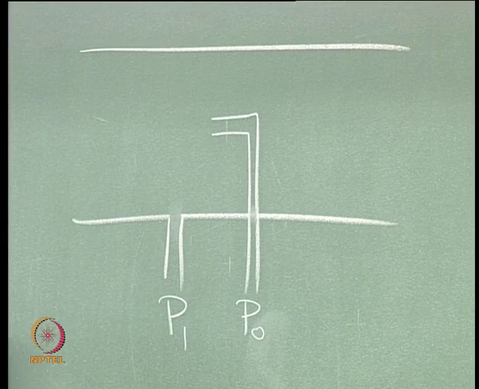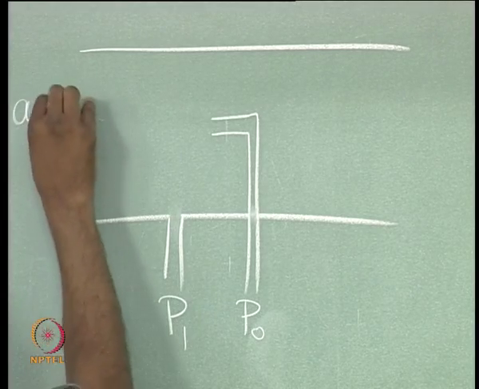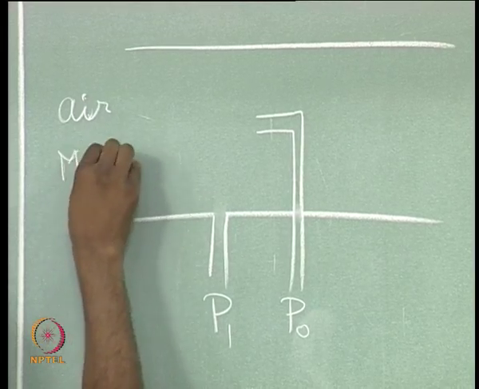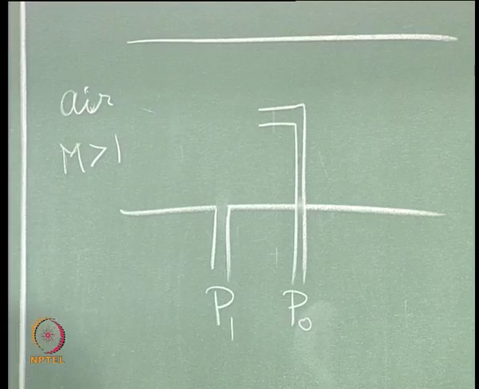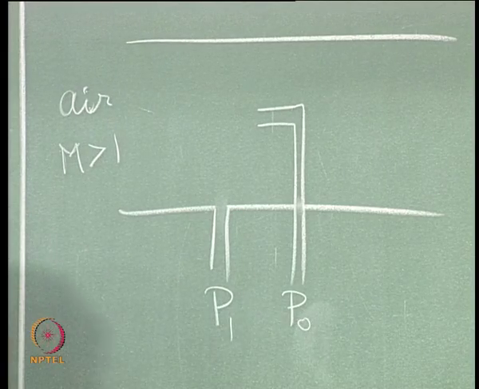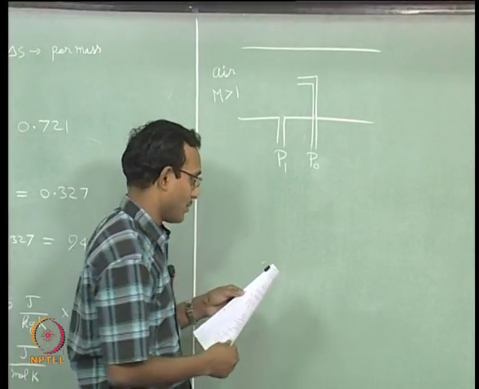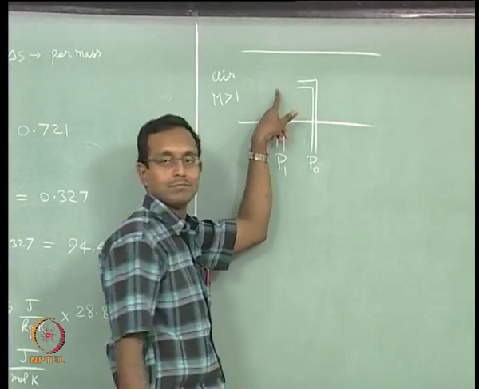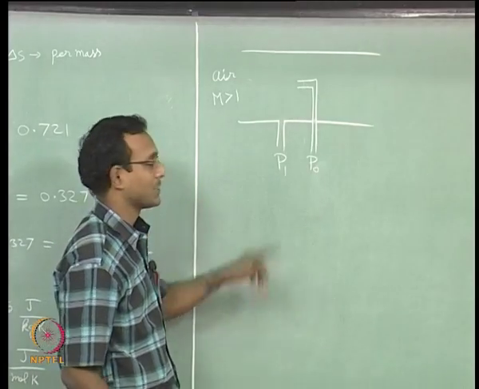Now, I have air flowing supersonic. Let us say I know this already, it is supersonic flow. I want to find the Mach number here given these two pressure values, that is the goal.